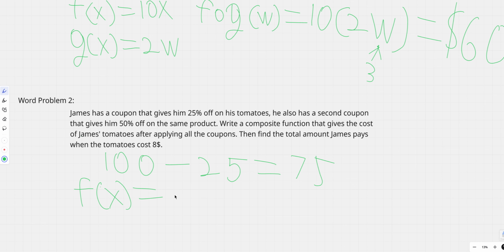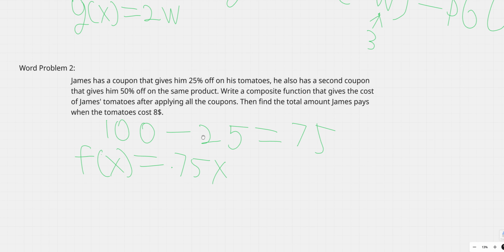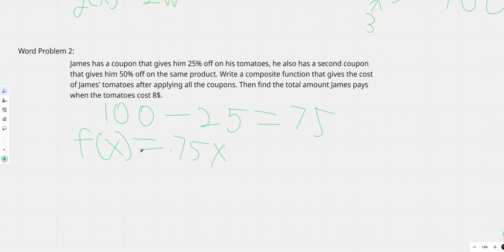Okay. The second function does the same thing with the second coupon, and that would be this.